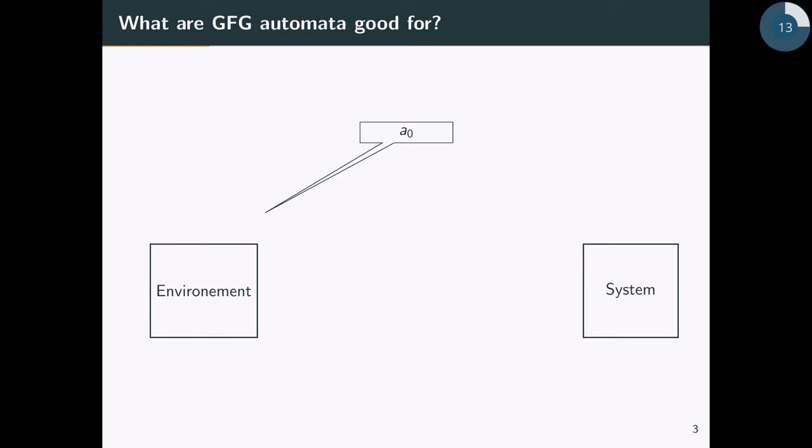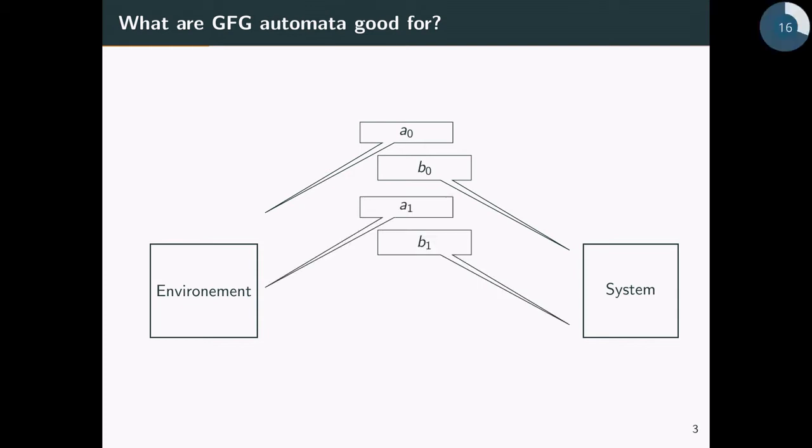The environment will give some input letters to the system, and the system will respond with some output letters. This way, our two players will alternate input and output letters to form an infinite behavior, the global behavior of the system within its environment.